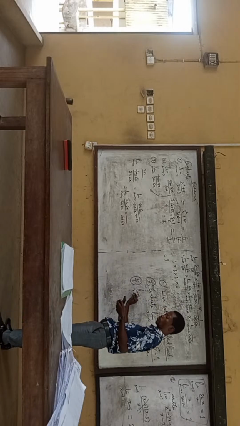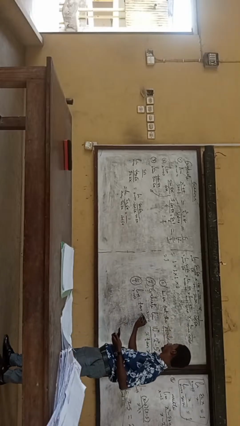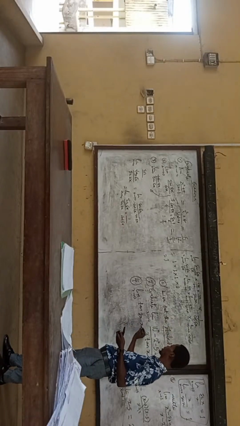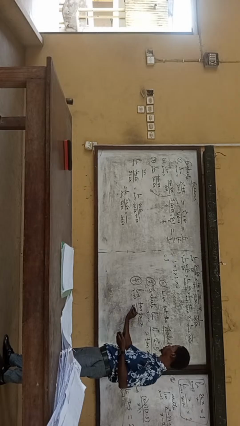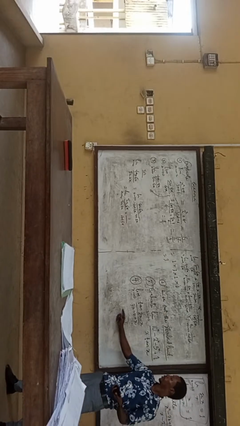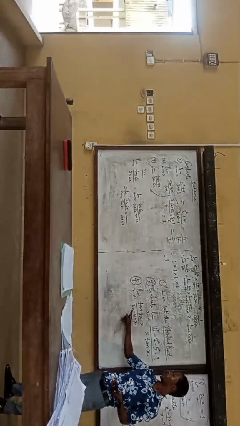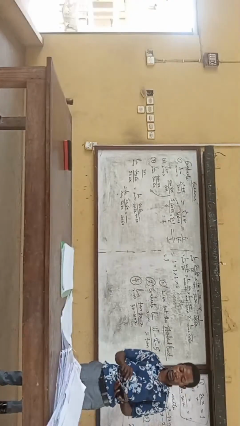Limit as x goes to 0 of tan 2x minus x over 3x minus sine x. X goes to 0, tan 2x minus x over 3x minus sine x.